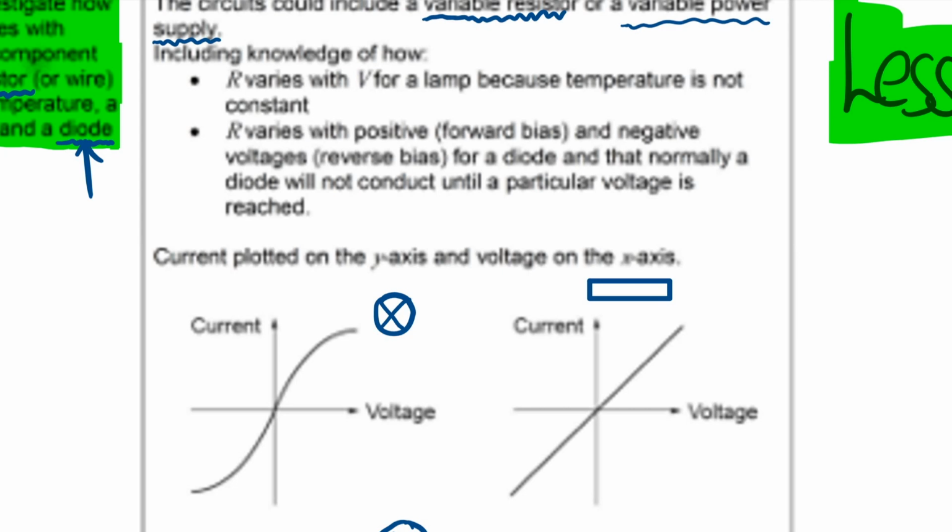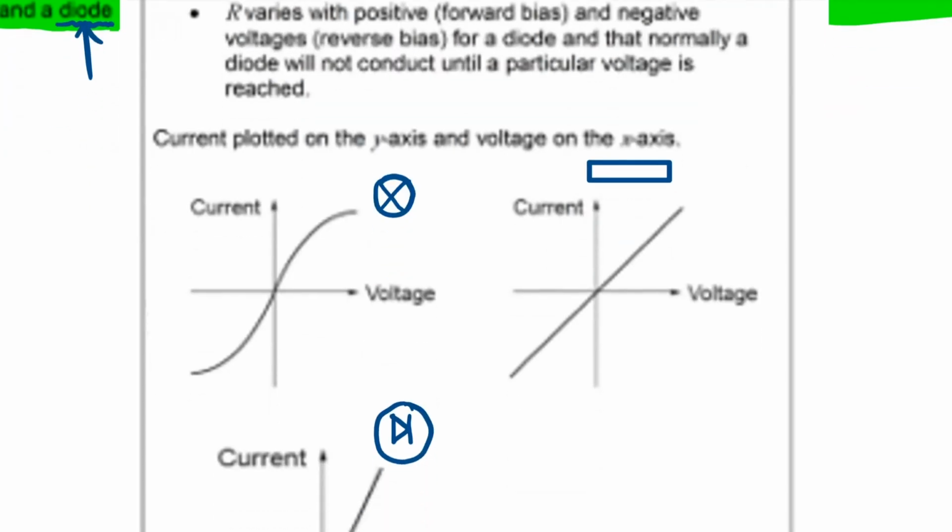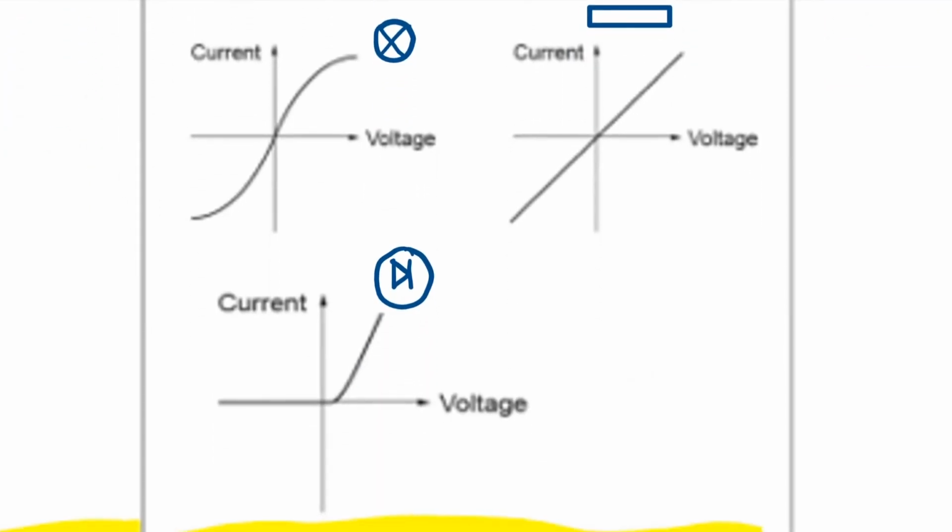And that normally a diode will not conduct until a particular voltage is reached. So in other words, for a diode, the electricity will flow in one direction only. And for it to flow in that one direction, the voltage needs to be above what's called a threshold voltage. But anyway, we'll be coming on to that later.